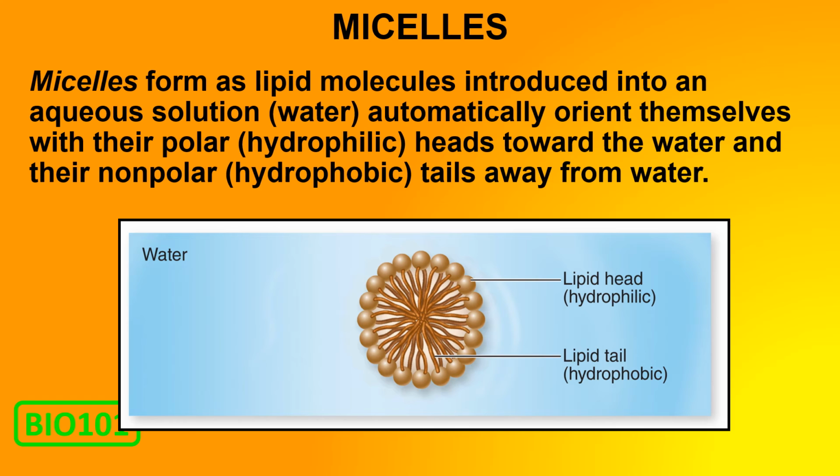They have actually done this in the laboratory, and these little micelles just spontaneously form. This idea of the lipids away from water and the phosphate heads towards water, this polarity of phospholipids, is really important when we talk about the cell membrane.